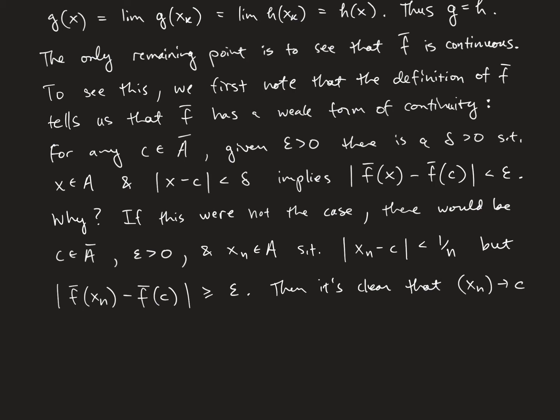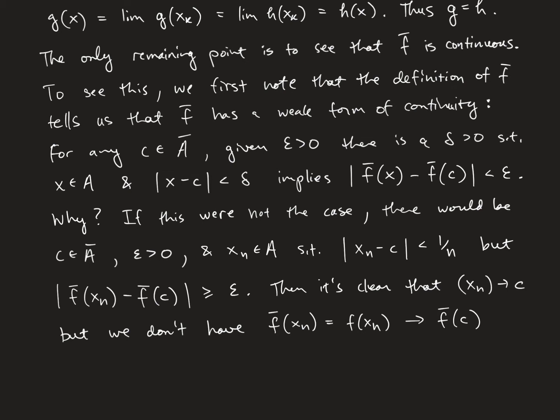But we don't have f bar of xn, which remember is just f of xn because these xn's are in A, going to f bar of C, because these f bar xn's are not getting arbitrarily close to f bar of C.